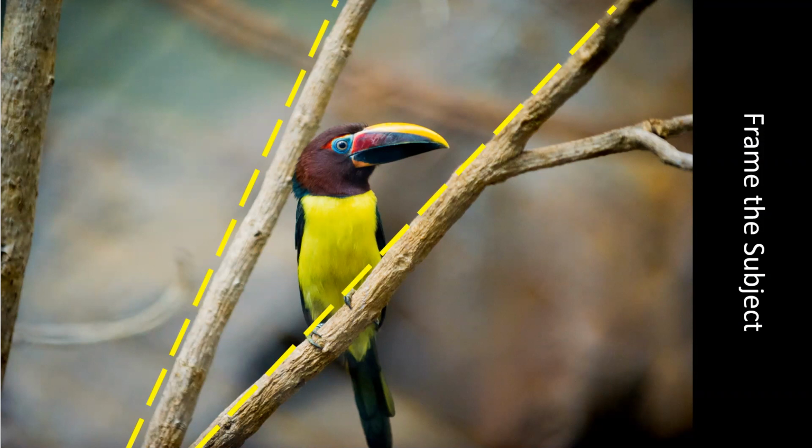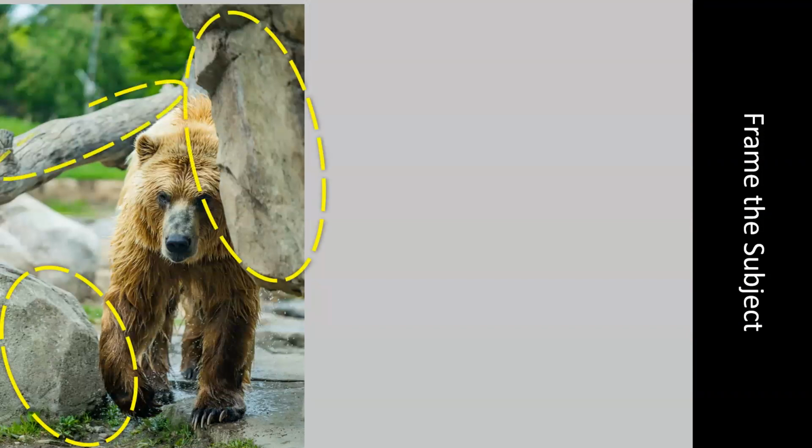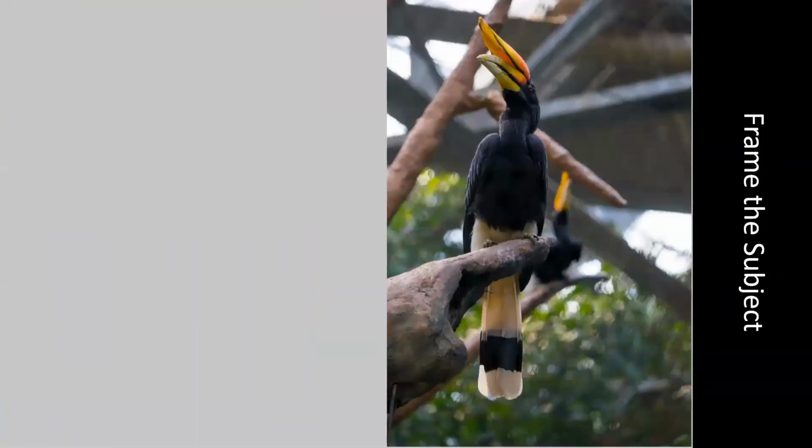Sometimes we can actually use multiple elements in the frame. So this rock here, maybe this other log up here. And what we can do is actually create kind of a border around my subject with those different elements. Kind of another example here.